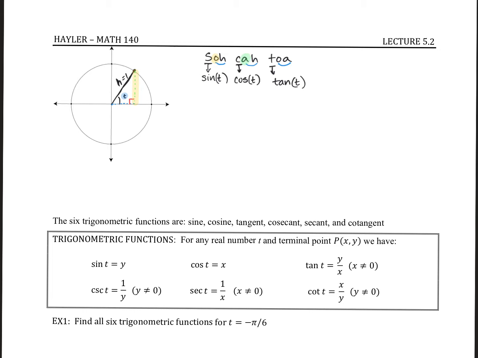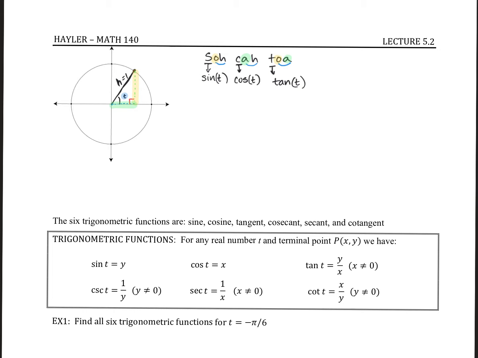That is talking about the length adjacent to t, right there. So now we have discussed all of those. Let me go ahead and color code these. Awesome. Now we're going to use this triangle to define these three functions.